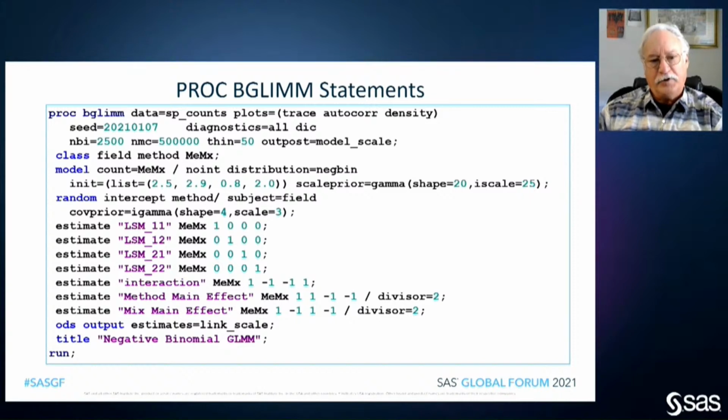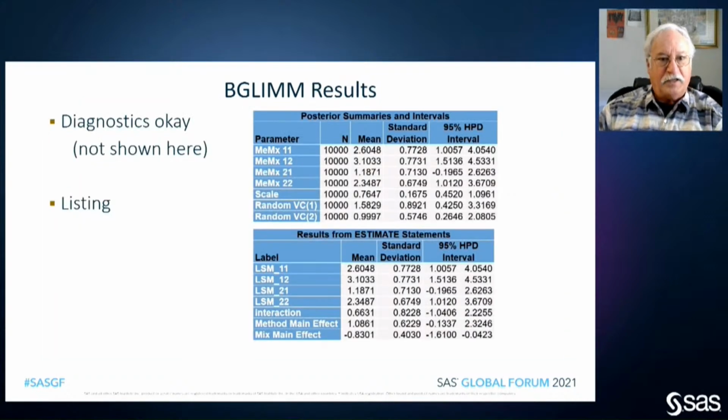And then we can output all those with an ODS output statement, and we also have an outpost option up in the BGLIMM PROC statement, and that outputs a data set called model scale. Okay, so if we look through the results here, the diagnostics, trust me, they're okay with this particular run.